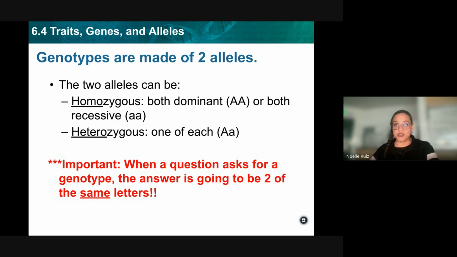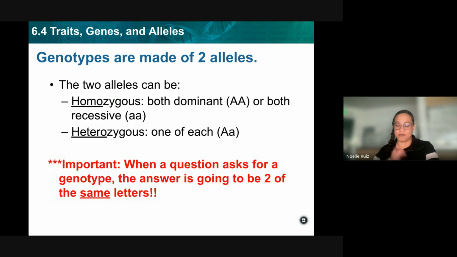So genotypes are made of 2 alleles. Like I said, one from mom, one from dad. And this is where the homo and the hetero come in. It's good to remember the difference. So we say alleles are homozygous when they are both the same. They're either both dominant or both recessive. So a homozygous dominant genotype, like I said, dominant, capital letters.